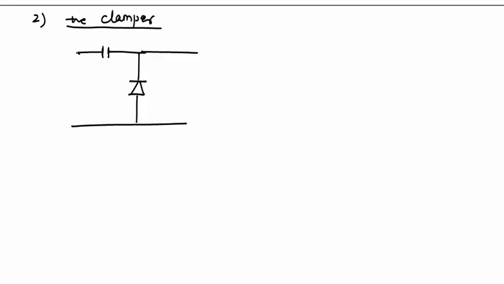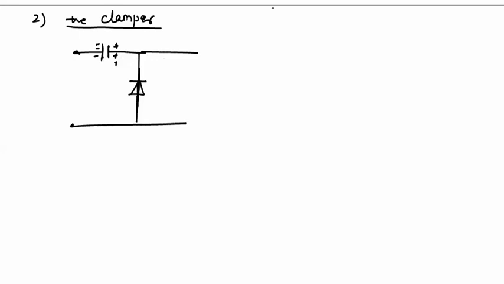In this way we can make this diode conduct in the negative half cycle, and the first time this capacitor will be charged when this diode is forward biased, which is possible only in the negative half cycle. So the capacitor will be charged in the negative half cycle.